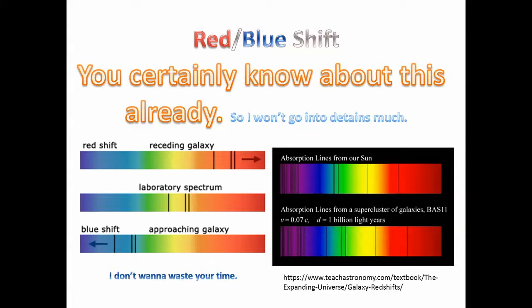For more details on that, please watch the video I've provided in the description from one of my favorite YouTube channels, 60 Symbols. These are real professionals from Nottingham University, by the way. But if these galaxies move away from us, they produce redshift, and if they are moving towards us, they produce blueshift. I'm not going to go into too much detail because you already know it.